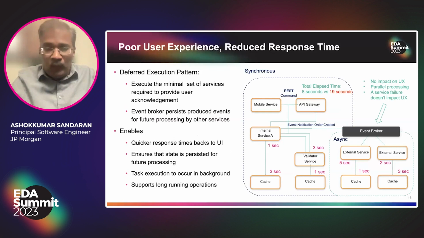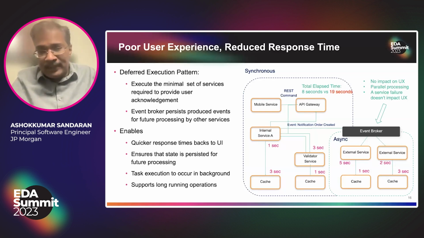So now, if you look at the previous slides, where the total time of execution was taking like 14 to 15 seconds or 19 seconds, now any latency in the external services is not going to impact the UI, the user experience.